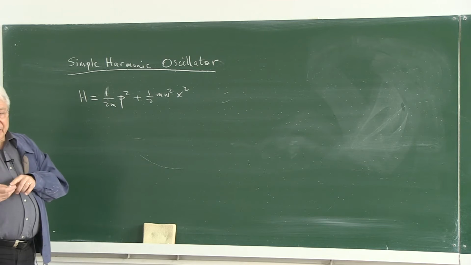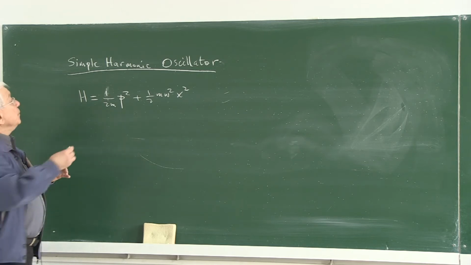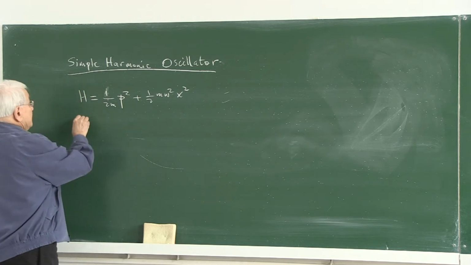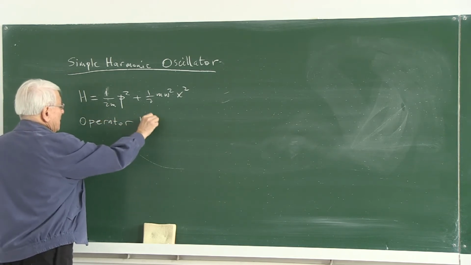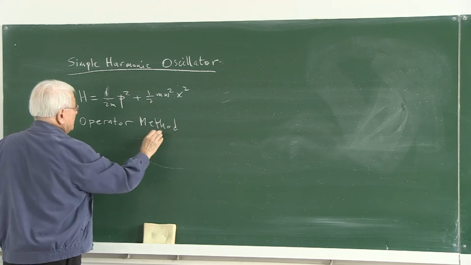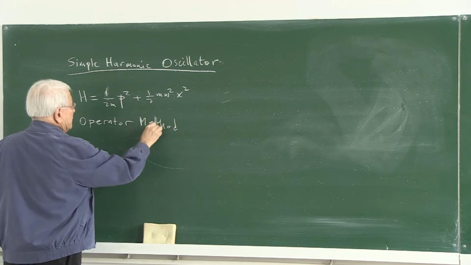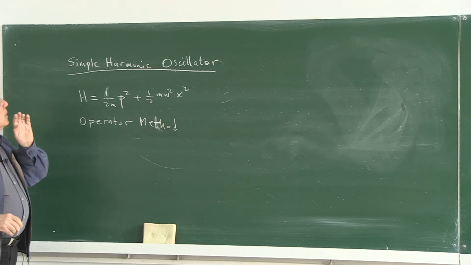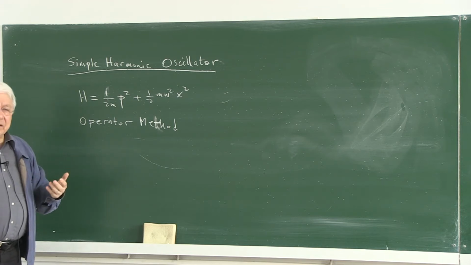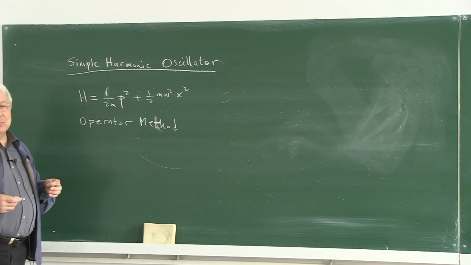This operator technique, okay, we'll use the operator methods. This also is due to this great physicist Dirac, this particular method. It is based on the following really simple observation.